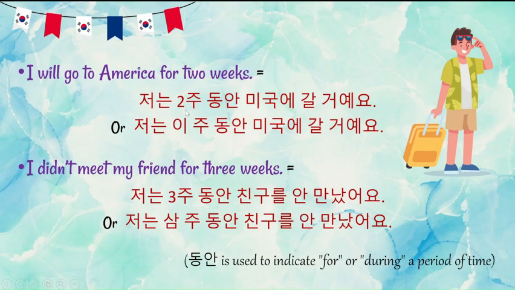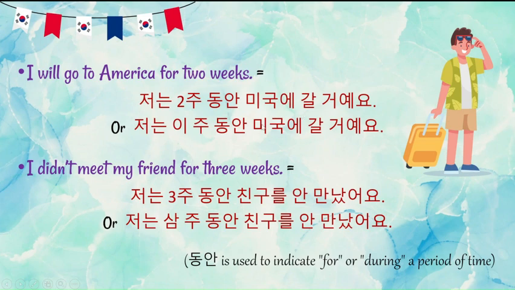When you are using the word, there has to be a space between the number and the counter. So there are two ways, both of them mean the same, written differently, but you have to read them in the same way. The written form is different. Alright, 저는 2주 동안 미국에 갈 거예요.